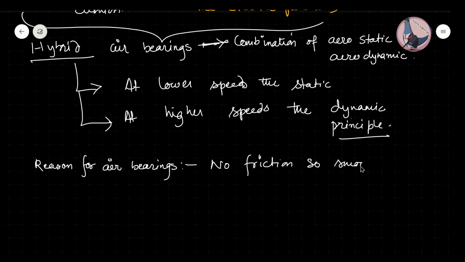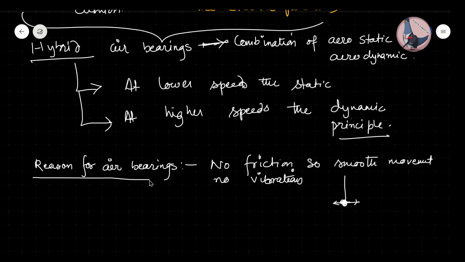When I say smooth movement, you can very well understand that there will be no vibration. When there are no vibrations, then the probe tip will also not vibrate. If it is vibrating, then you can understand that the coordinate measured will not be very accurate. So air bearings eliminate the cause of such vibrations.